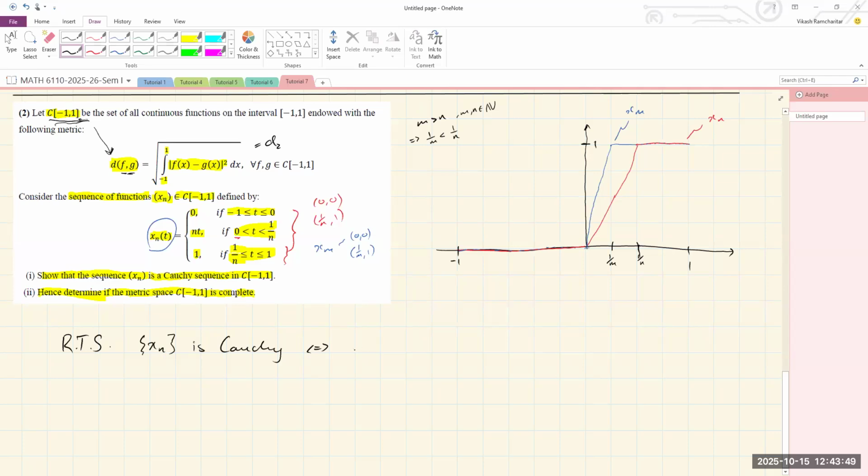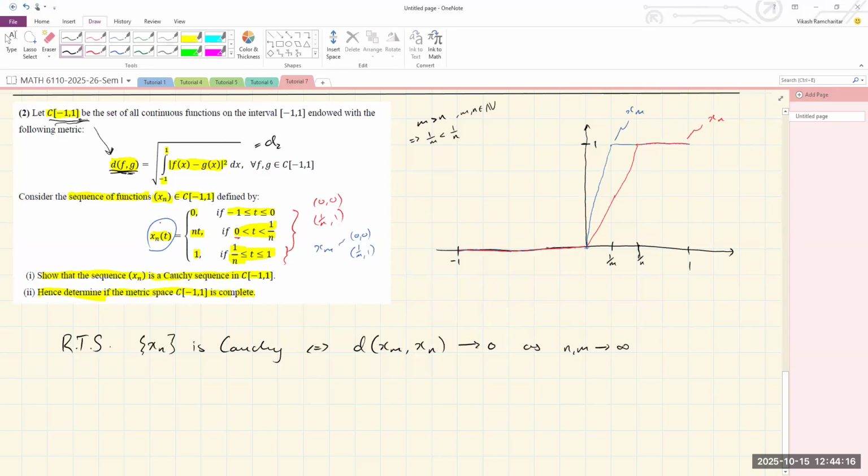That basically means, as we saw from the last example, that the distance between any two terms, xm and xn, goes to 0 as n and m go to infinity. And this distance, we are given in terms of the D2 metric. So this is our task.